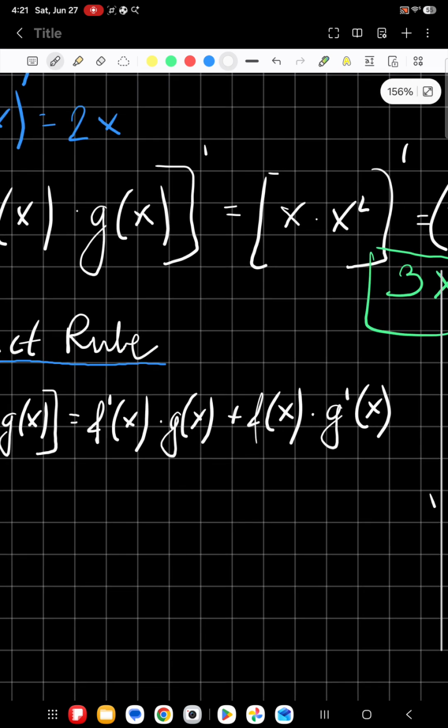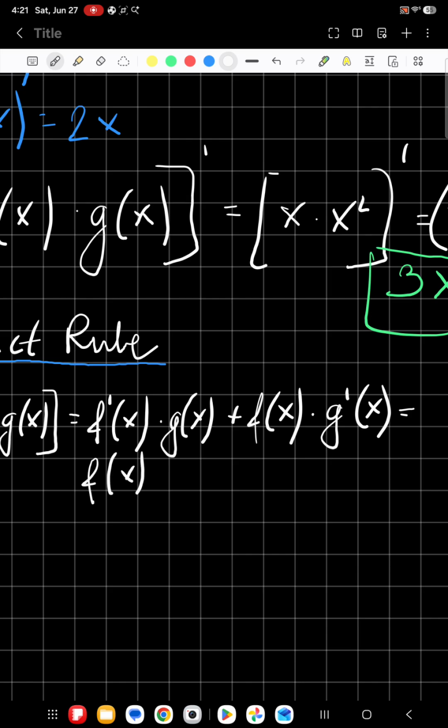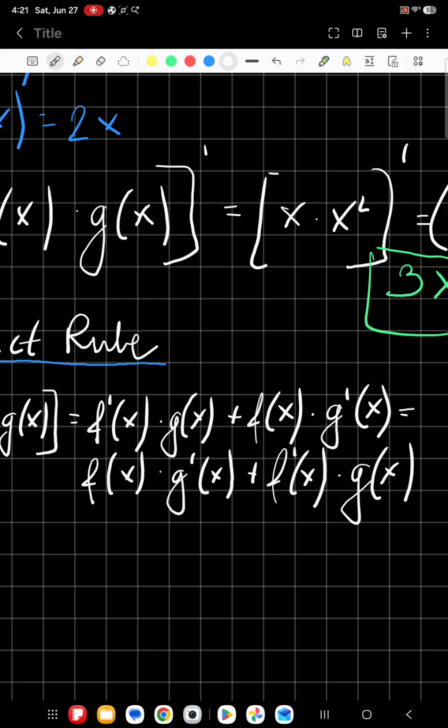So it could be this version, or you could do it the other way. It doesn't matter whether I add 1 plus 2 or 2 plus 1, same thing. So that equals f of x times g prime of x plus f prime of x times g of x.